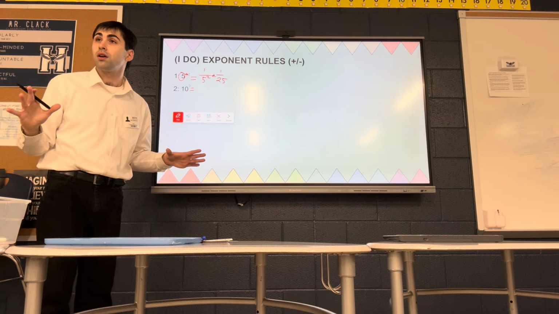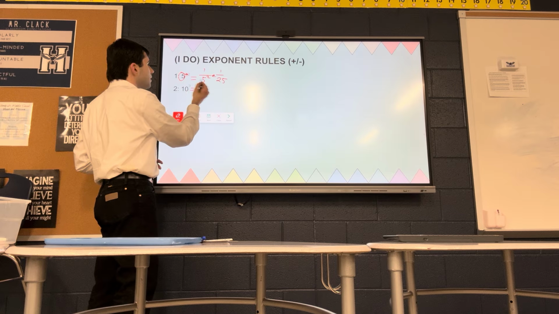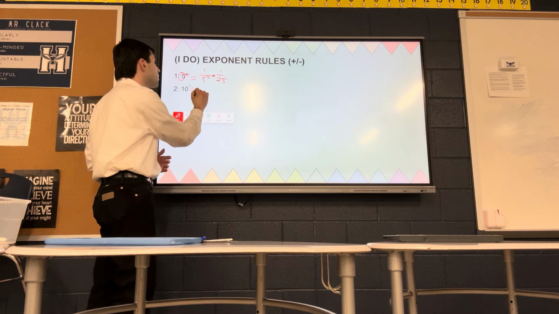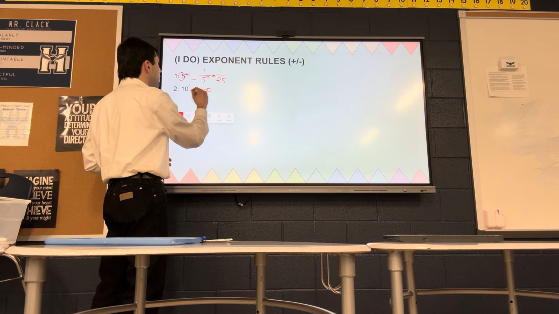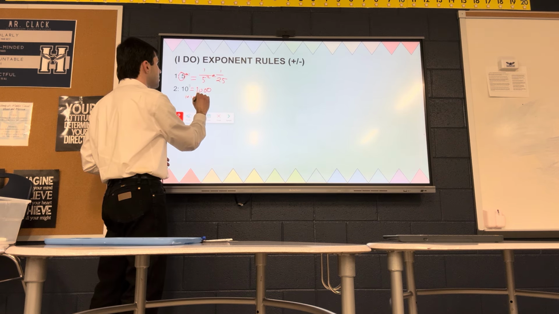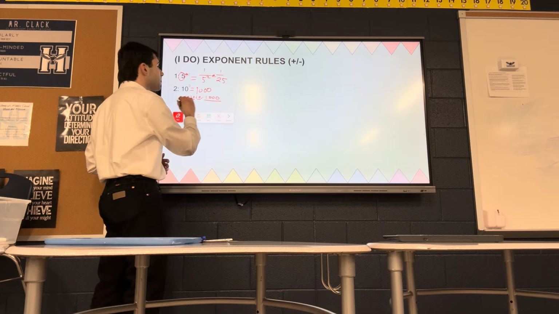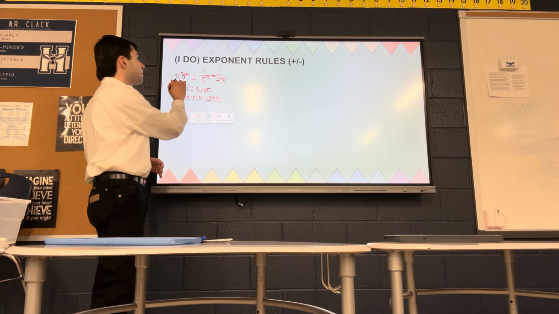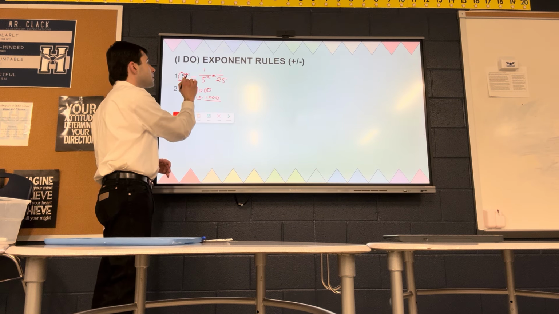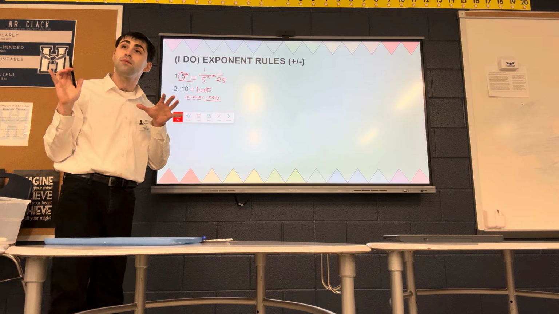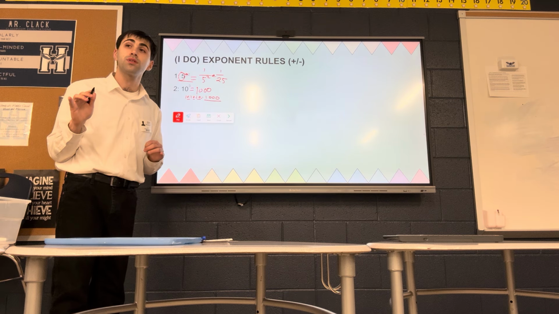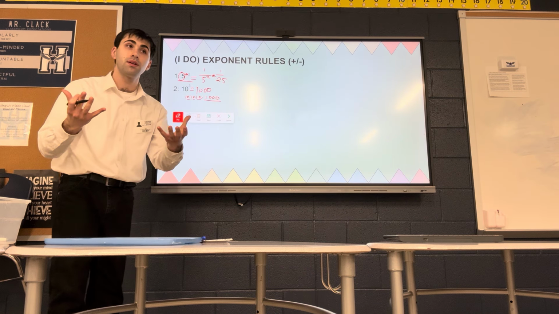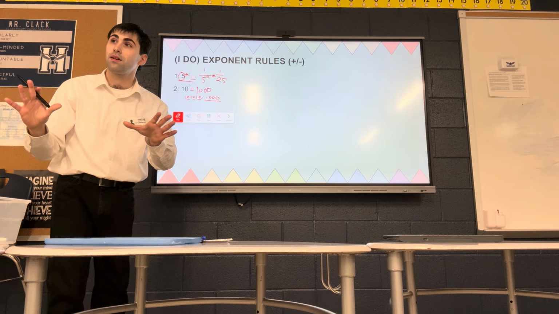That's all you do. And for 10 cubed, it would just be 10 times 10 times 10, and we just add the 3 zeros. So 10 cubed is 1,000. Did everyone get how I got the 5 to the negative 2 negative exponents? You flip. Everyone got it?